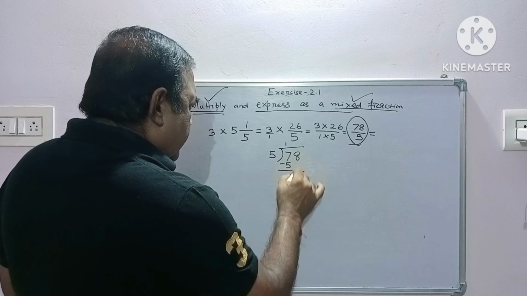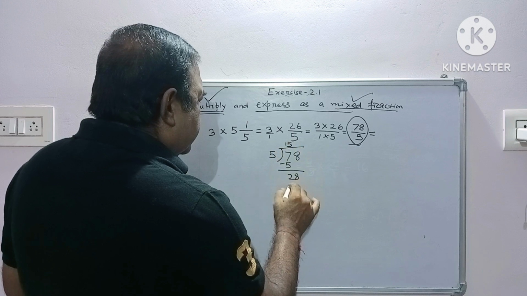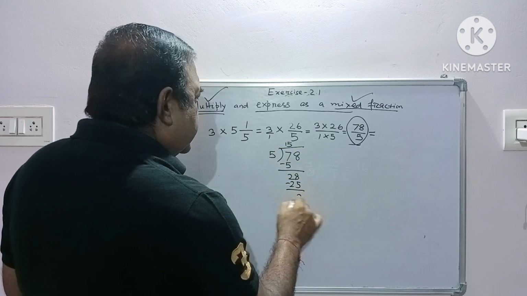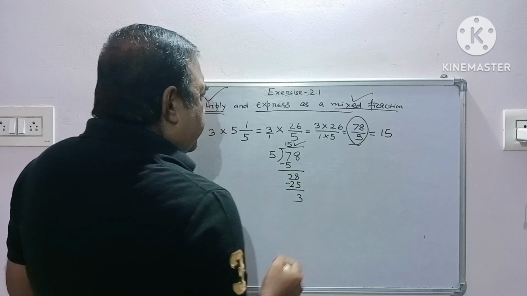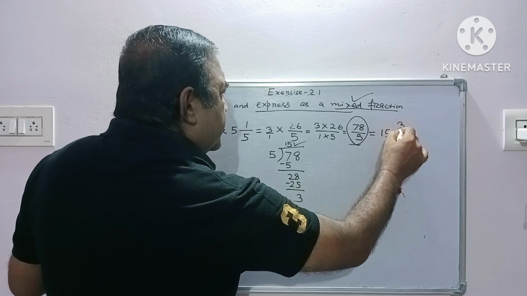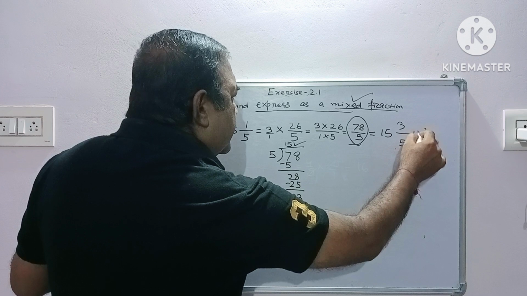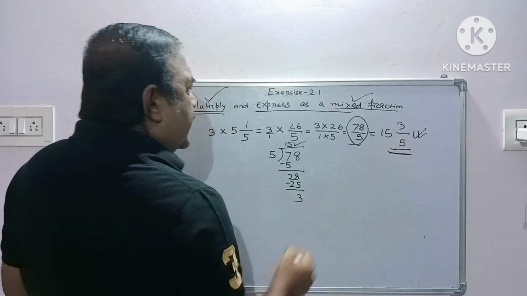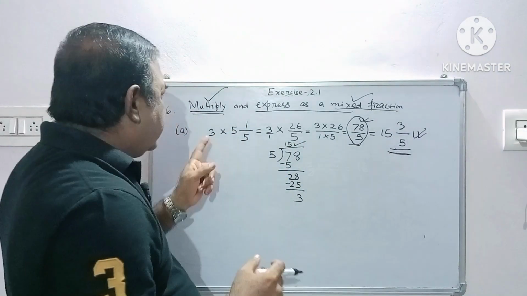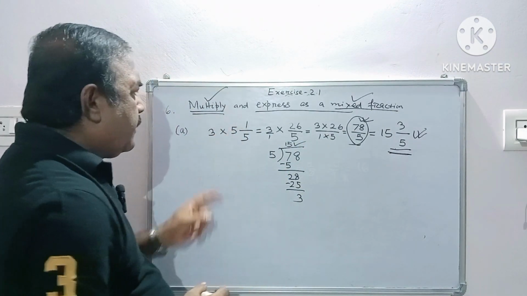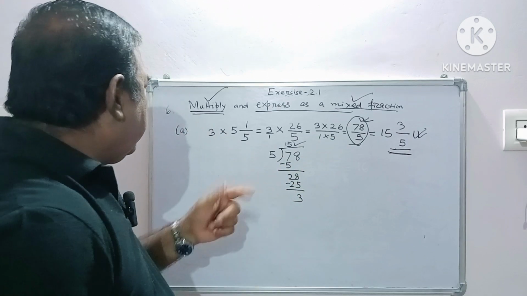So you bring down 8 here, that is 28. 5 5s are 25, 8 minus 5 is 3. So you see quotient is 15, 15 whole number and remainder is 3 upon 5. So this is the mixed fraction we expressed, and this is the product we got after multiplication. And what numbers we multiplied? 3 into 5 whole number and 1 by 5. So this is one method you may do, and there is also another method you may do like this.